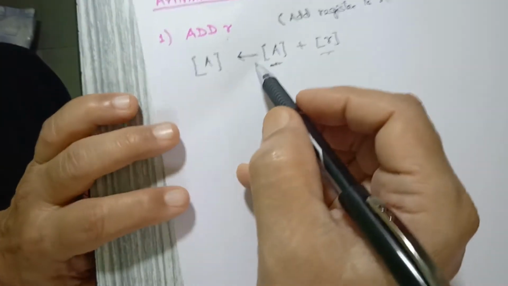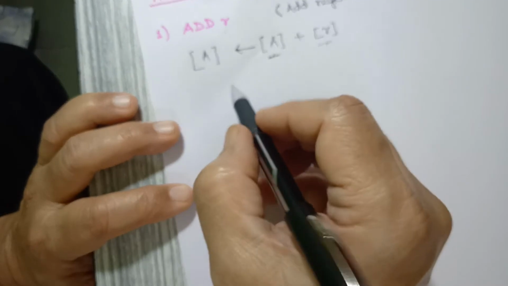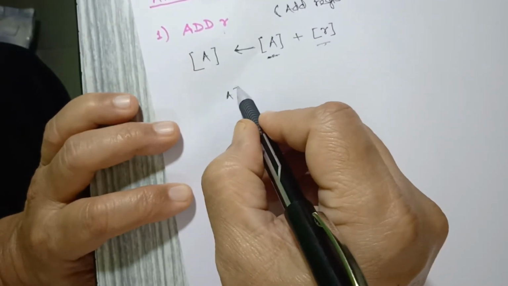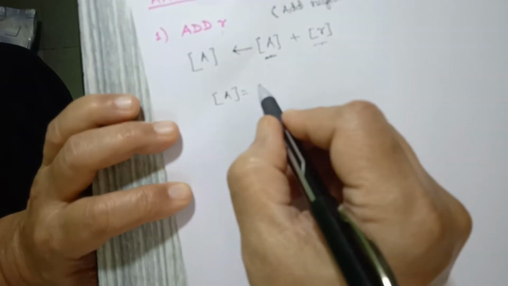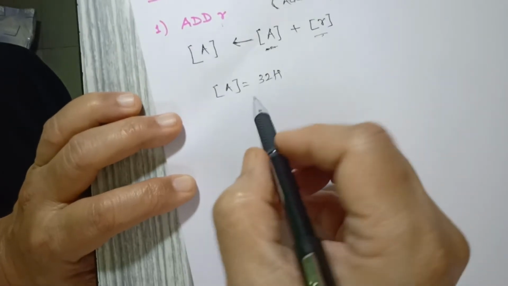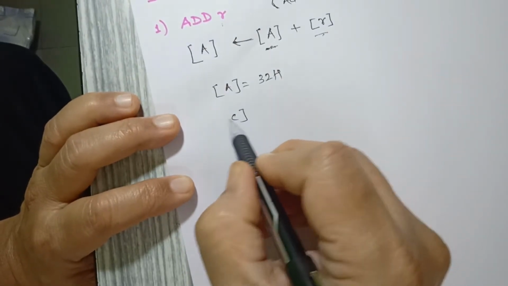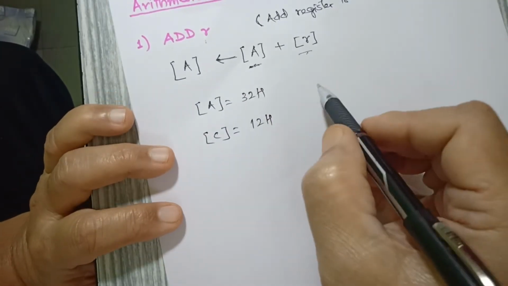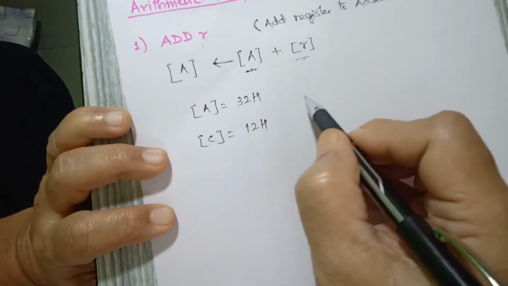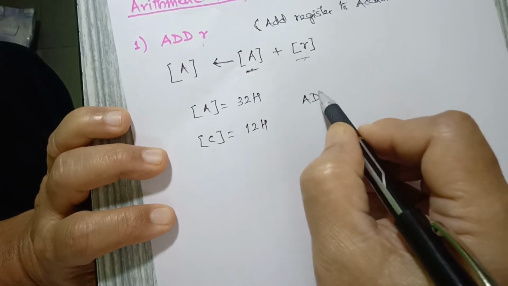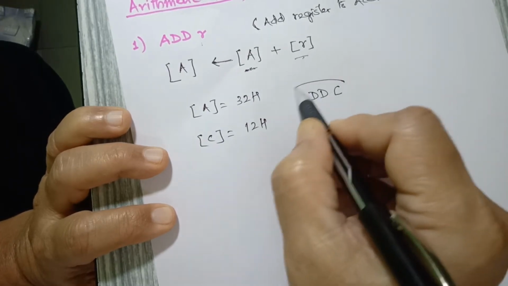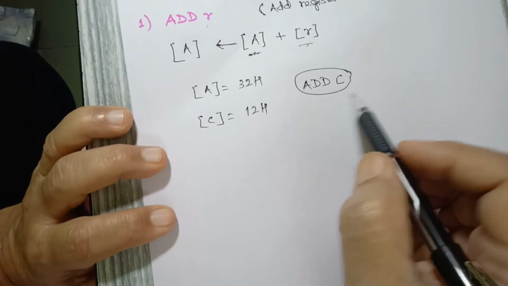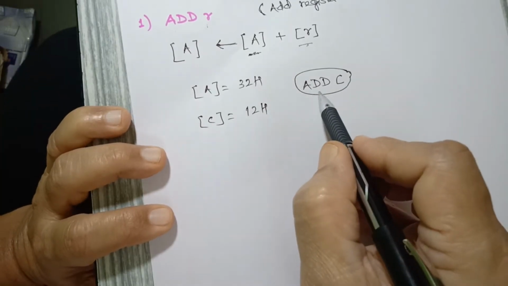So if you have something like this, let us consider the accumulator has, say, 32 hex and some register C has, say, 12 hex, and you are executing the instruction ADD C. This is the instruction and we want to study its effect.